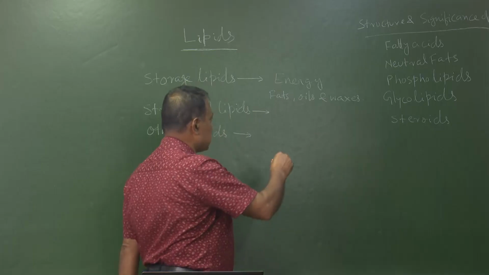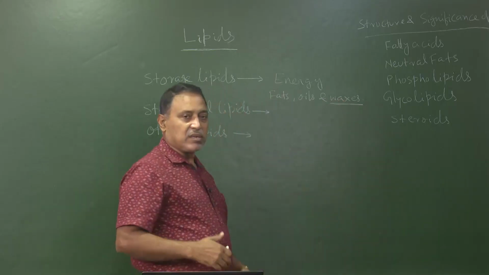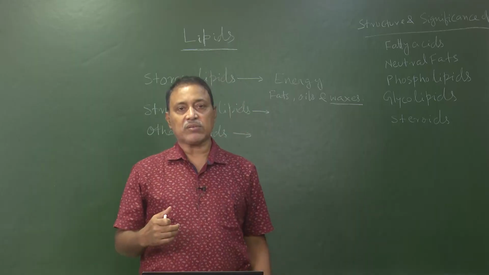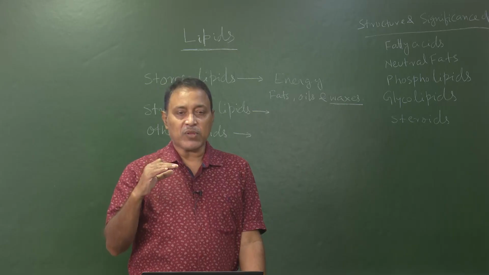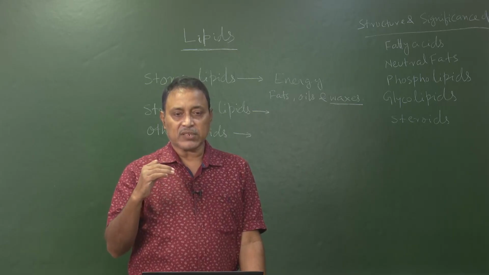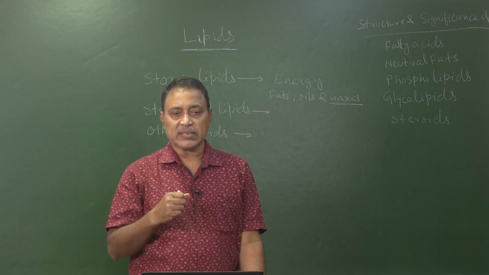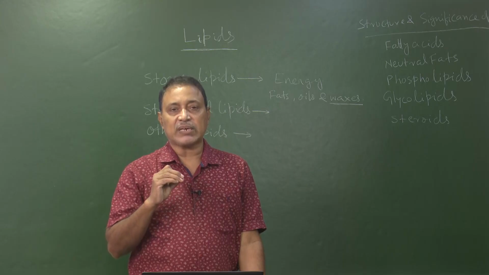Besides storing energy, waxes are also found over the feathers of birds and hairs of mammals, and they coat them because they are extremely water repellent.